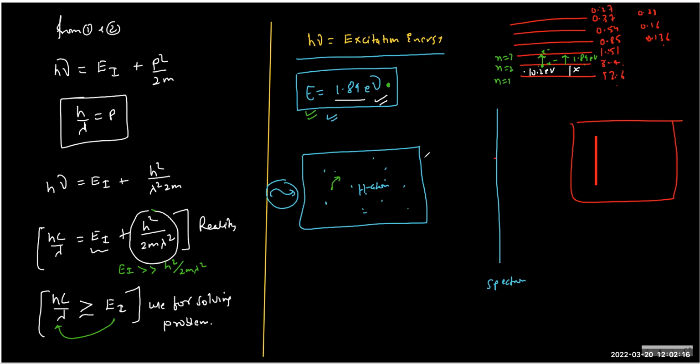So this is what we need to remember. Now imagine you get a question in which we have an H atom chamber, and there are two values of photons.